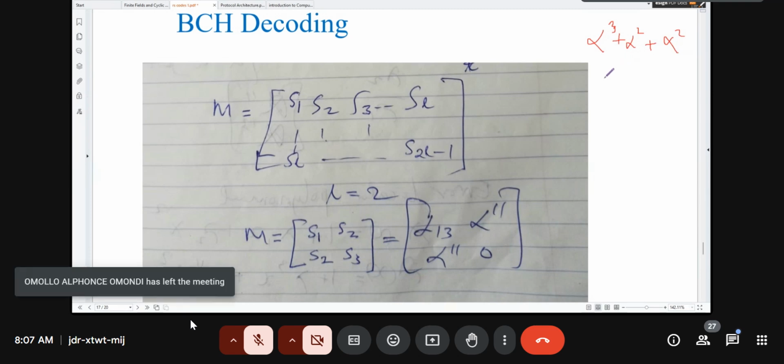Then there was alpha to the 9, which I found was alpha to the 3 plus alpha. I think that's what alpha to the 9 is. And then plus alpha to the 2 plus alpha, that's alpha to the 5. And then alpha to the 12 plus alpha to the 3 plus alpha to the 2 plus alpha plus 1.